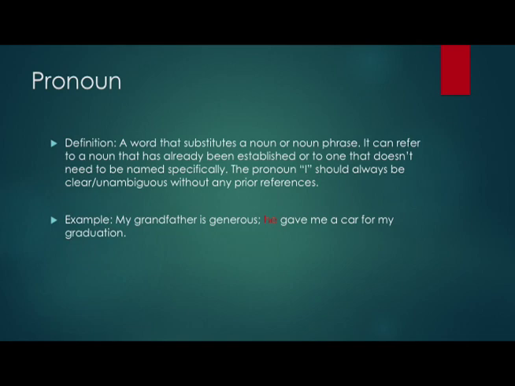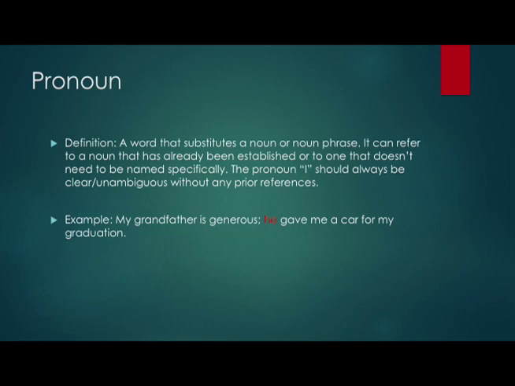For example, the pronoun "I" should always be clear. Whereas with "he," "she," or "they," we need to establish first who they are before it can be 100% clear to a reader, because that's where ambiguity in pronouns sometimes comes from.